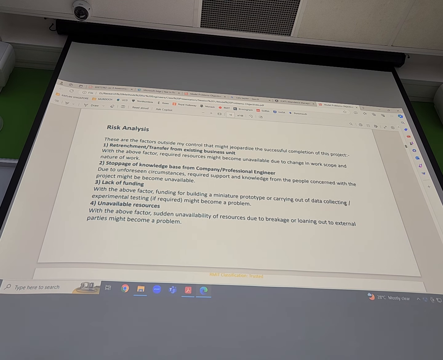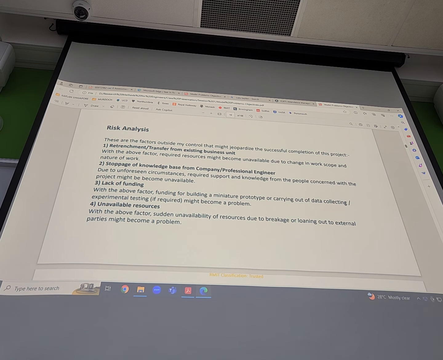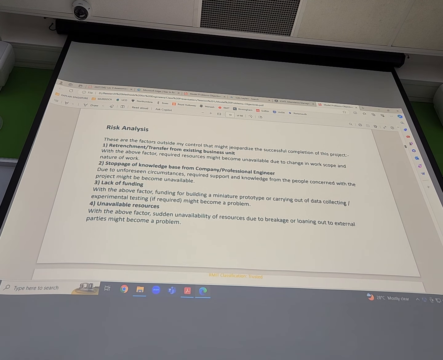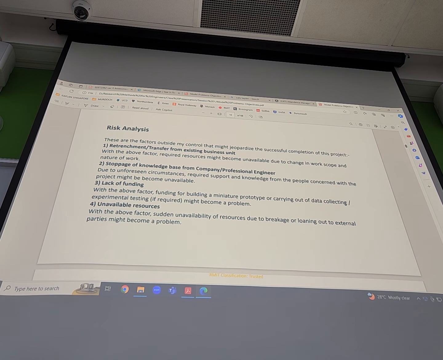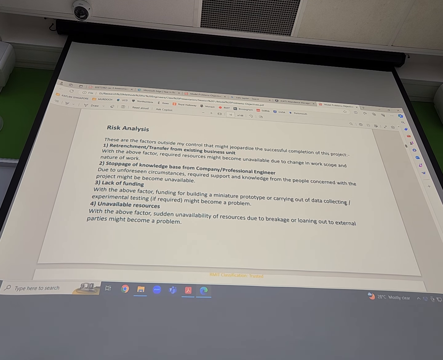For example, retrenchment or transfer from the existing business unit would be a major risk factor. So make sure that you have at least 1 year of job guarantee in the existing company. Then lack of funding and available resources.